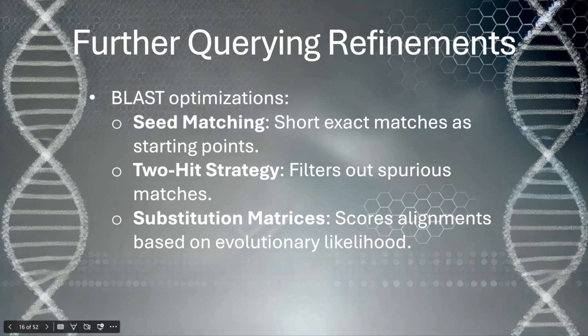Finally, substitution matrices use evolutionary knowledge to prioritize meaningful matches, discarding those which don't seem to hold any evolutionary suggestion of a true match. These refinements make BLAST a powerful tool for querying extensive biological databases with speed and precision, and further refine the optimizations used within Entrez databases for biological querying.